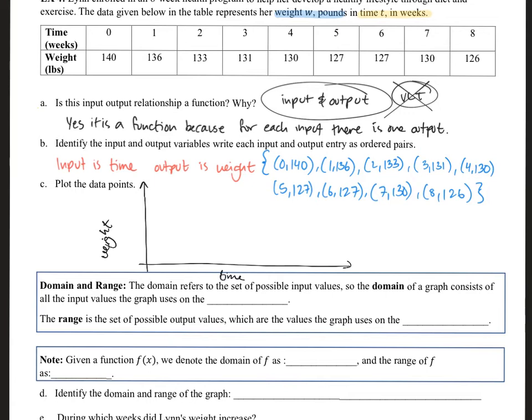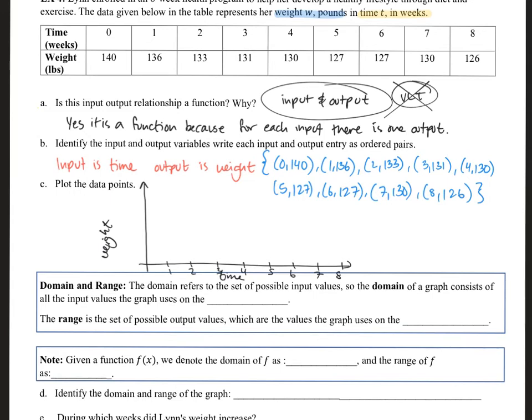So we'll do 1, 2, 3, 4, 5, 6, 7, 8. And then my weight. The largest number is 140. The smallest number is 126. So the numbers are all roughly between 100 and 200.